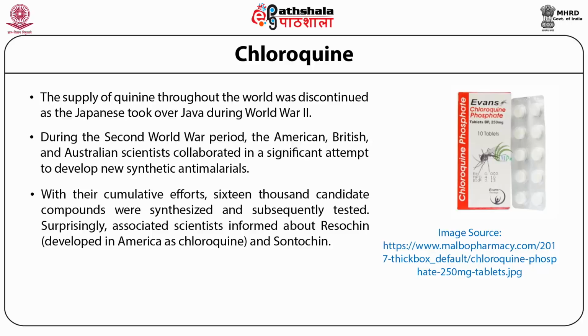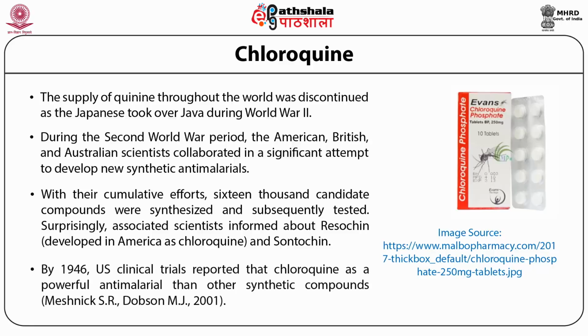Surprisingly, associated scientists informed about resochin, developed in America as chloroquine, and sontochin. Resochin, which had an acquisition number of SN183, was tested, but due to its high toxicity profile, it was not considered further. By 1946, US clinical trials reported that chloroquine, which was renumbered as SN7618, was a more powerful antimalarial than other synthetic forms.